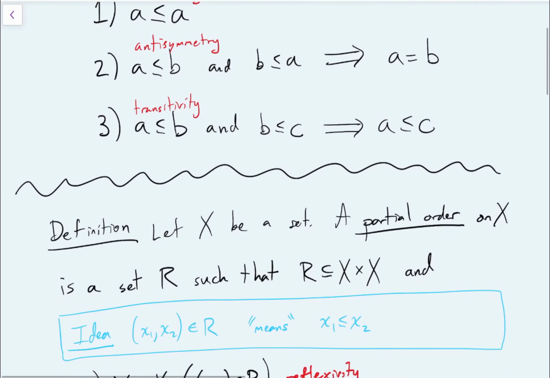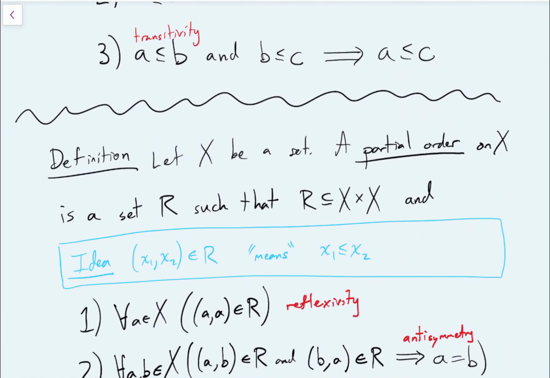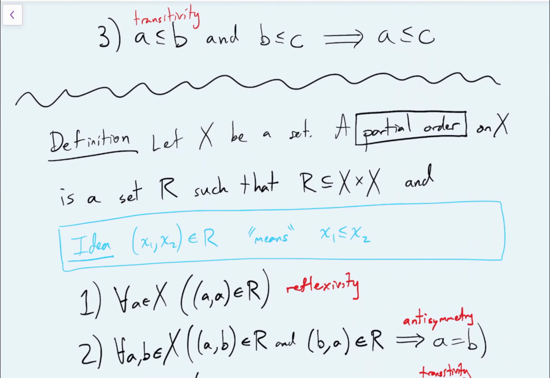So that's the term partial order that we've defined. A partial order is just this thing that lets us test these three axioms. It tells us which things should be smaller than or equal to which other things.